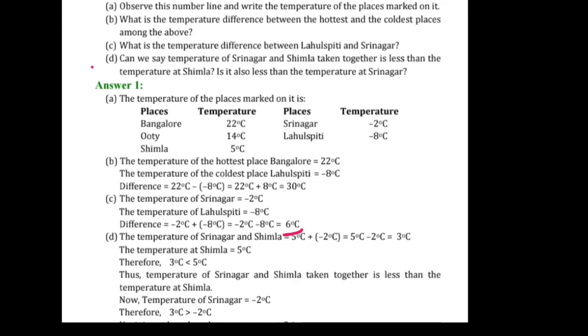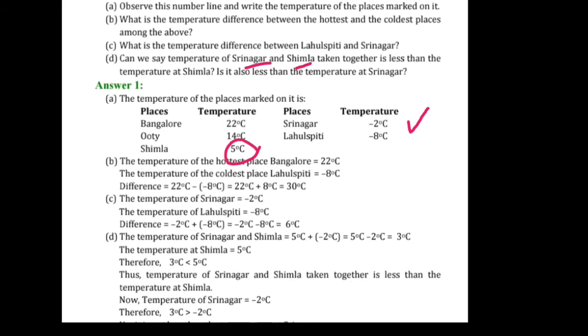And the last question: can we say the temperature of Srinagar and Shimla taken together is less than the temperature at Shimla? So first we have to find the temperature of Srinagar, the temperature of Shimla, and the temperature together, meaning the sum of both temperatures we found, students. See, Srinagar's temperature is minus 2 degrees Celsius and the temperature of Shimla is 5 degrees Celsius.